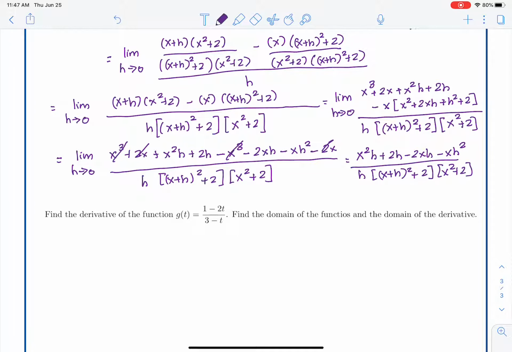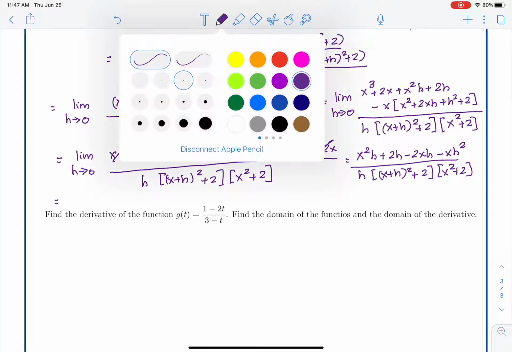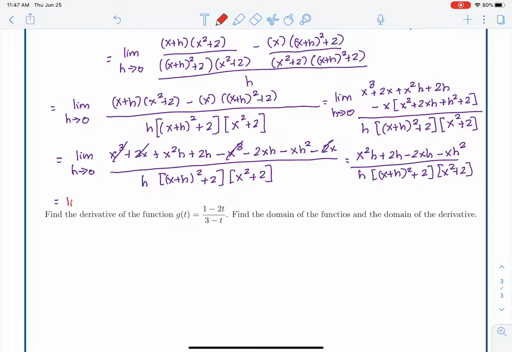There is an h in common in the numerator, so let me switch colors here so you can see things better. As h approaches 0, pull the h out, I have x squared plus 2 minus 2x minus xh, and divide that by h times x plus h squared plus 2 times x squared plus 2. The h's would go away.